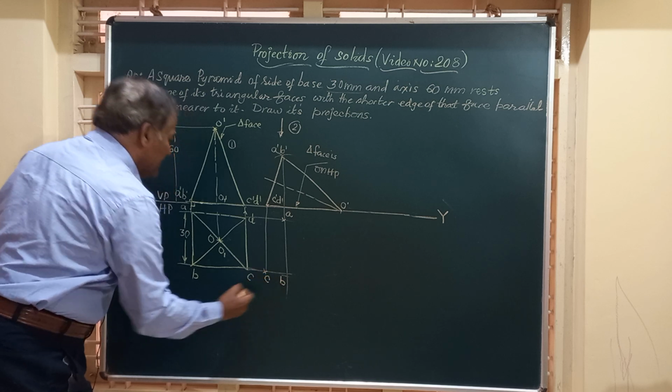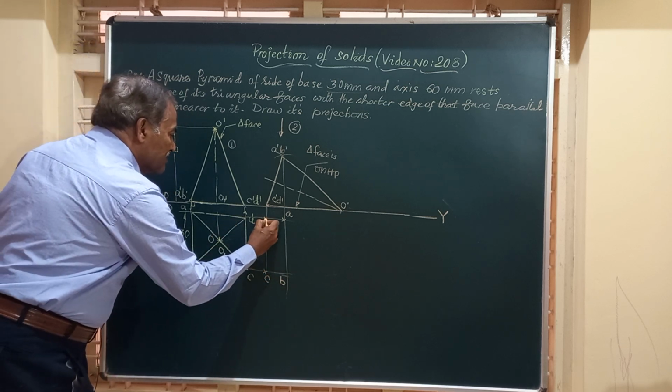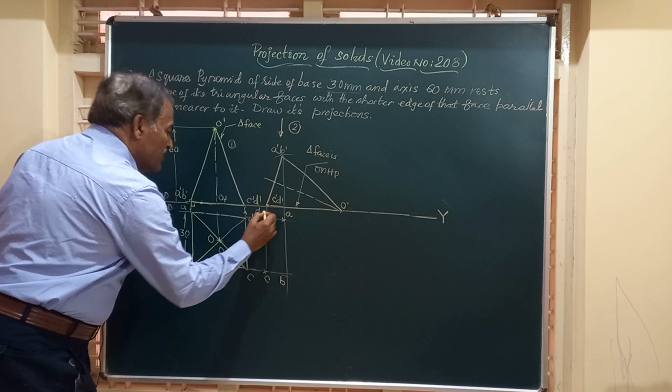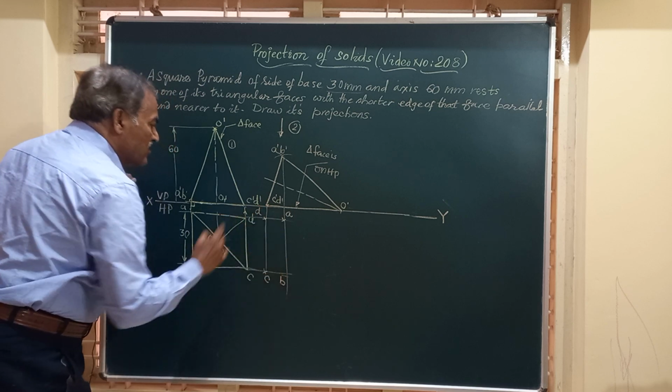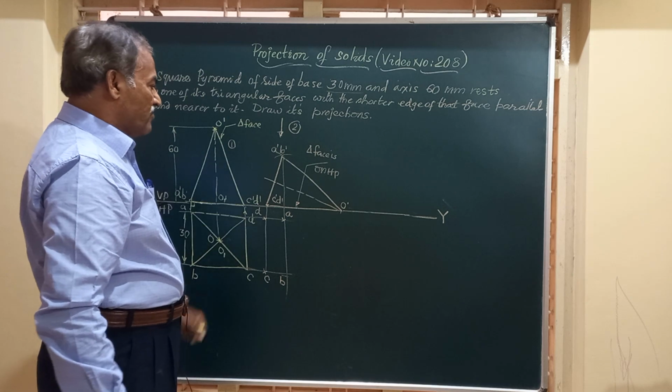That point is C. And finally, this point is D. Friends, you have got all the 4 corners of the solid in the top view.